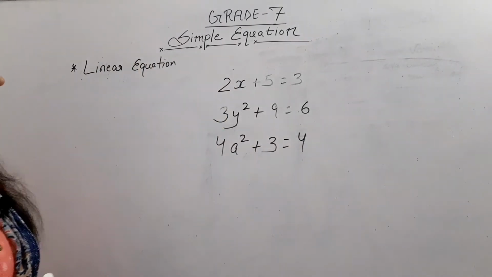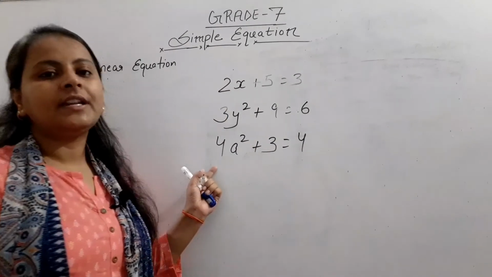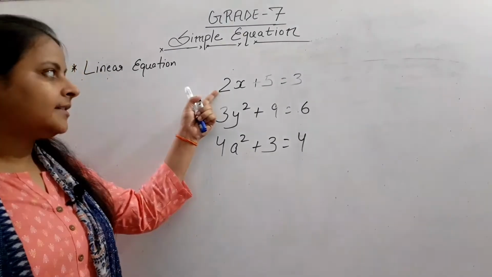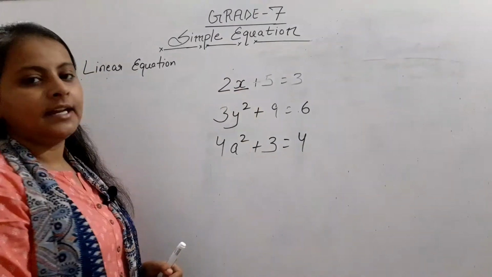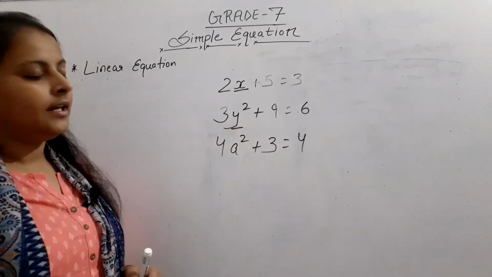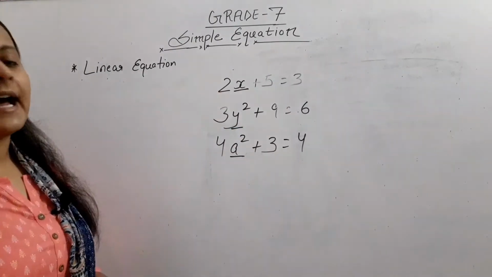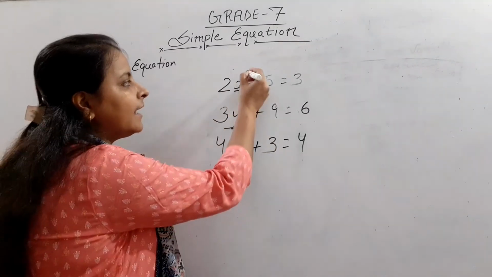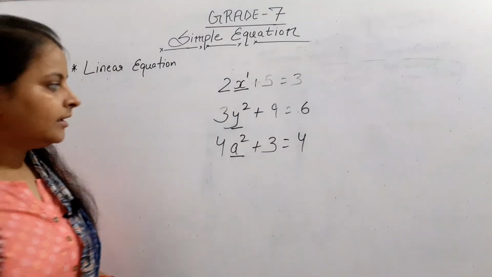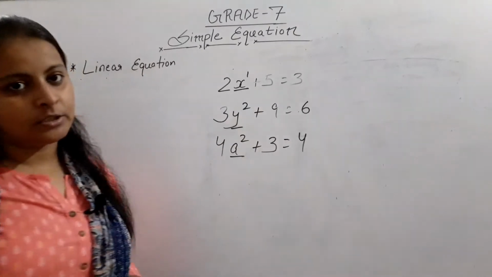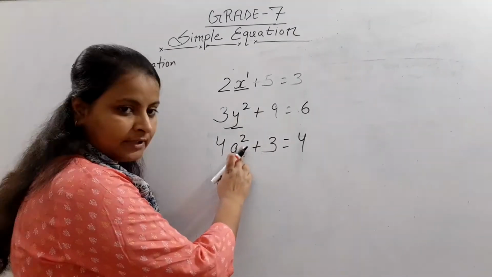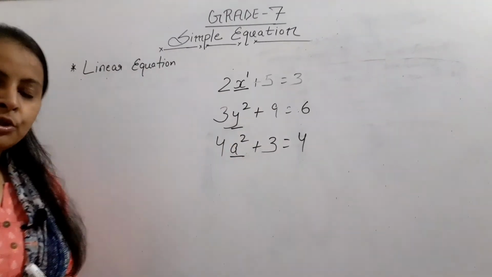Students, here we see that every equation has a variable. In this equation the variable is x, in this equation the variable is y, in this equation the variable is a. Here we see that the power of the variable here is 1, the power of the variable here is 2, and the power of the variable, that is a, is equal to 2.